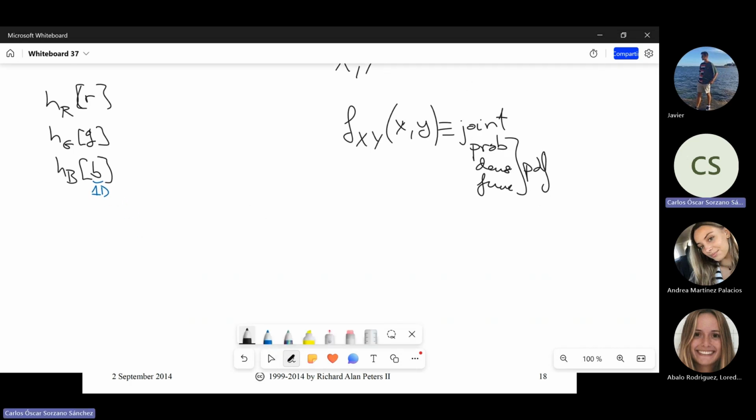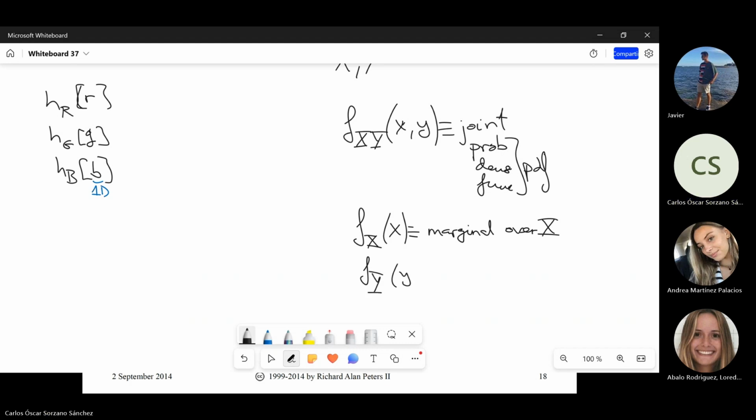You can also compute the marginals. Capital letters are the random variables, and small letters are particular values of those random variables. So you can compute the marginal over X, and I can also compute the marginal over Y. The marginal is the integral of the joint distribution.